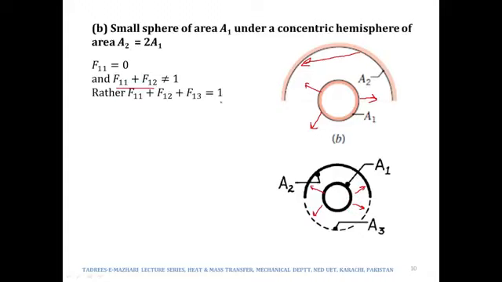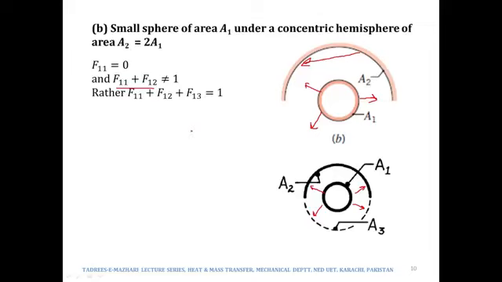Now this is true, because the radiation leaving 1 is only going on 2 and 3. Radiation leaving 1 is only going on the upper hemisphere and the lower hemisphere, meaning it is going on 2 and 3 and nowhere else. So f12 plus f13 is 100% or 1.